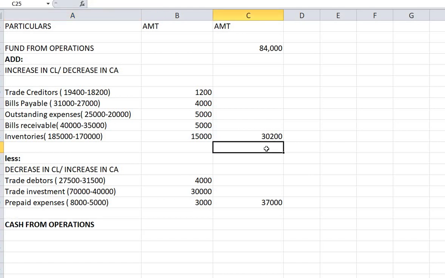What will be the answer? You will get an answer of 1,14,200. Sorry, it should be 1 lakh.